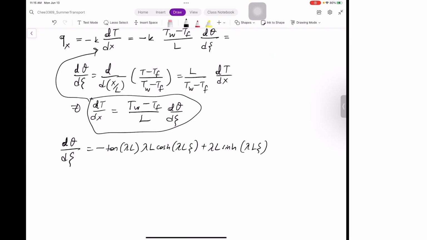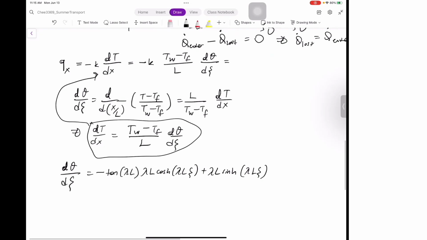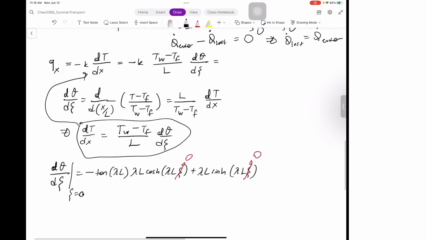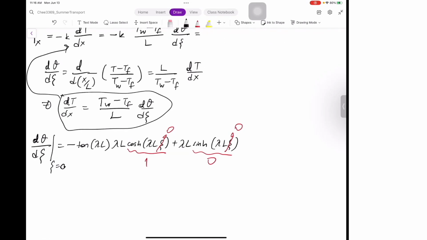And we should evaluate that at psi equal to 0. So this one is 0, this one is 1, and you get minus lambda L tanh lambda L.